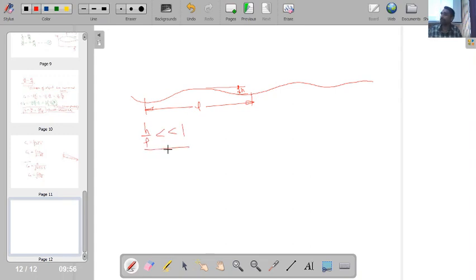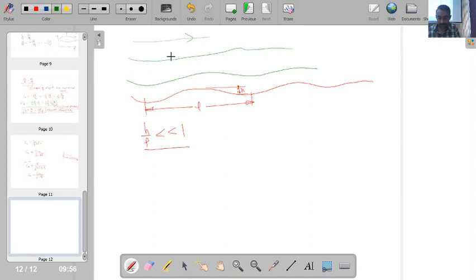So it means the amplitude of the wave is small in comparison to its wavelength. If this is the case, then whatever flow will be happening over this, in that flow also I will have small perturbations.